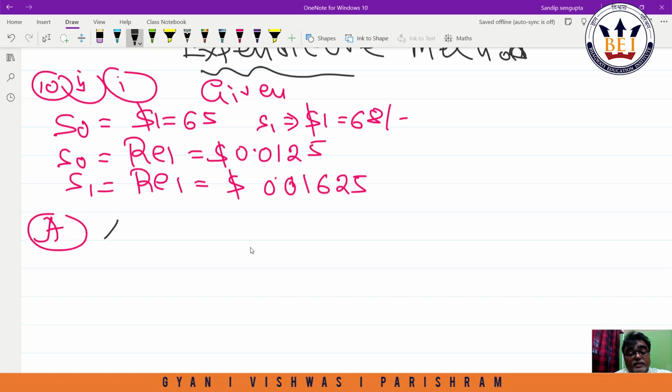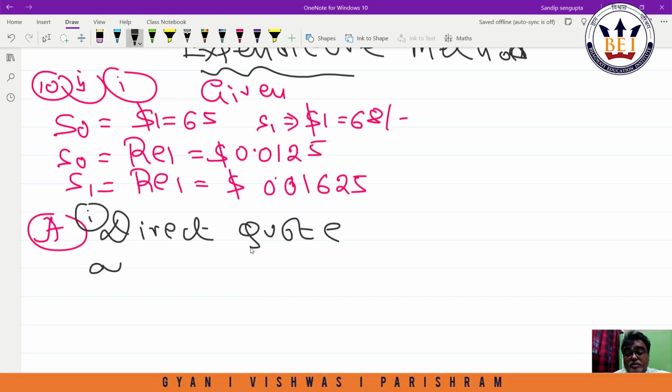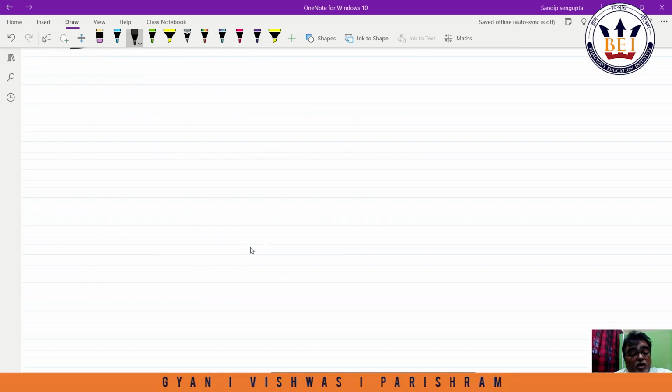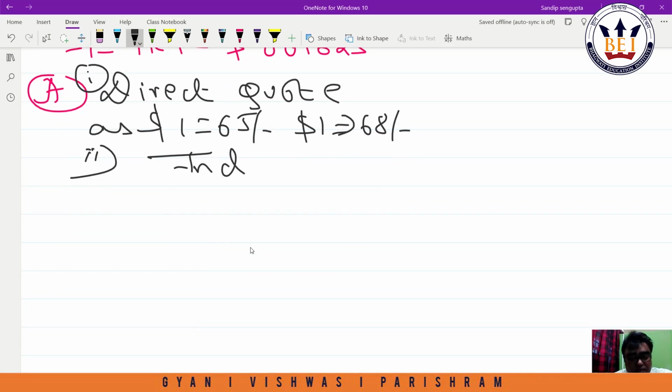The first one shows a direct quote, as $1 is equal to 65, dollar one, next S1 becomes 68, direct quote. Number 2 gives an indirect quote.